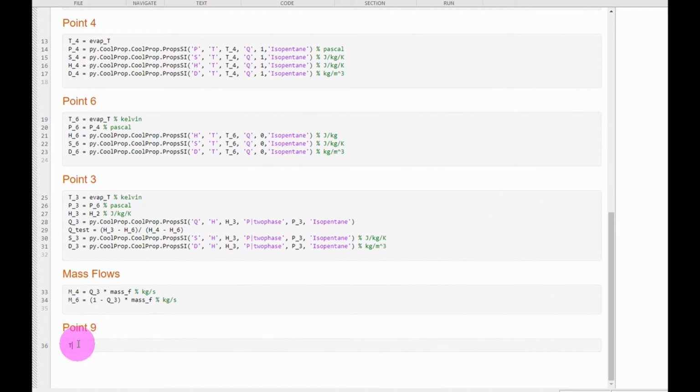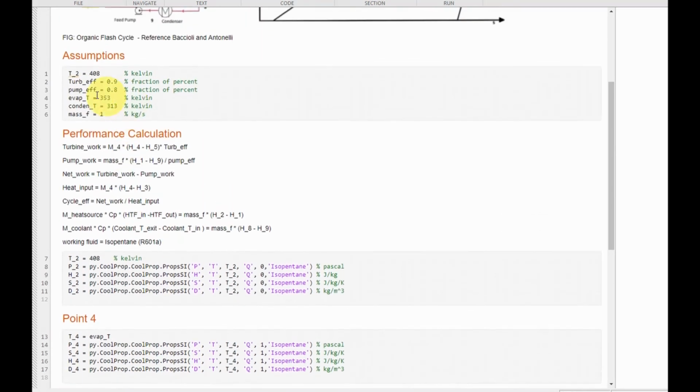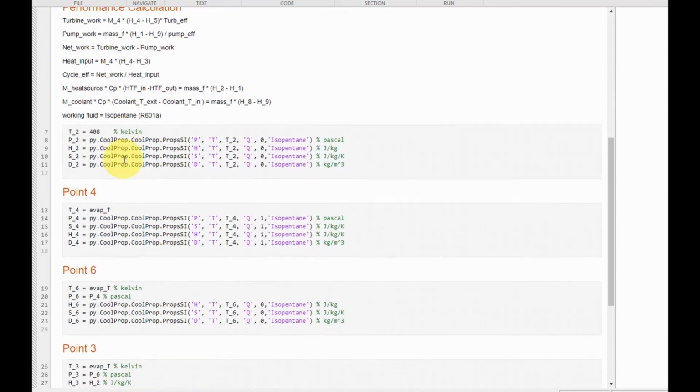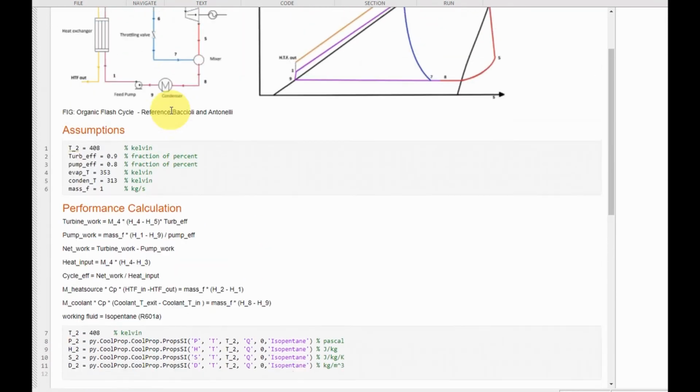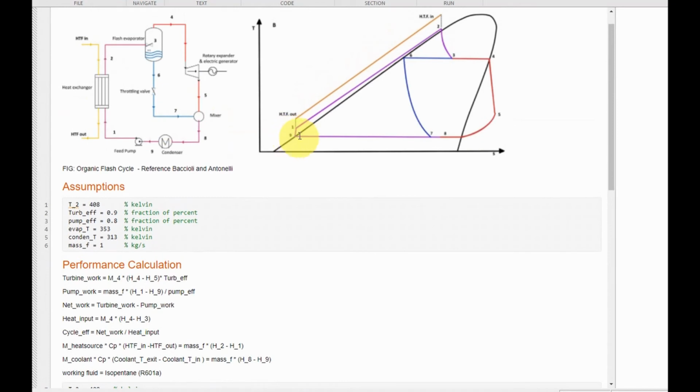So at point 9, we know that T_9 is equal to the condenser temperature. So we've specified it here, which is the condenser temperature. Therefore, we can find P_9 on the basis that this fluid here is a saturated liquid.